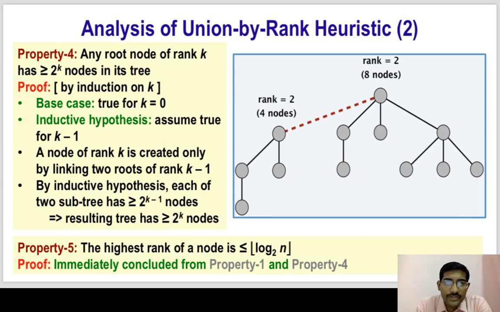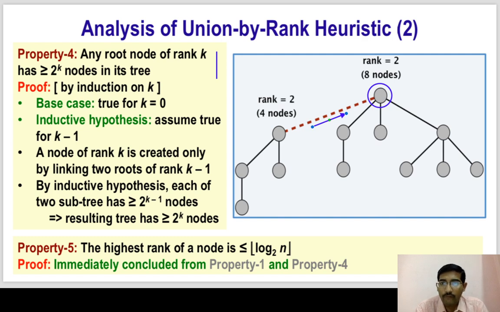Now comes an interesting property which says that any root node of rank k has at least 2 to the power k nodes in the tree. For example, let us see that this is a root node in this tree of rank 3 here, because after this link has been performed, the depth is 1, 2, 3.